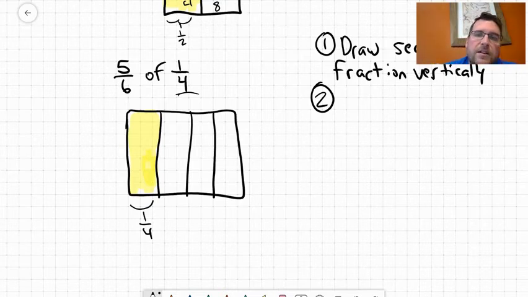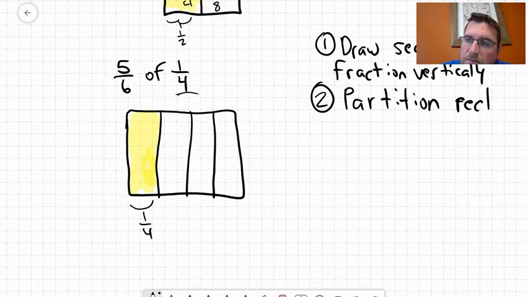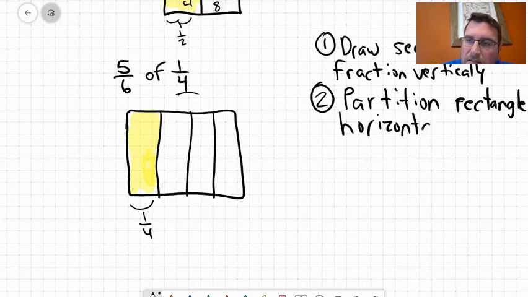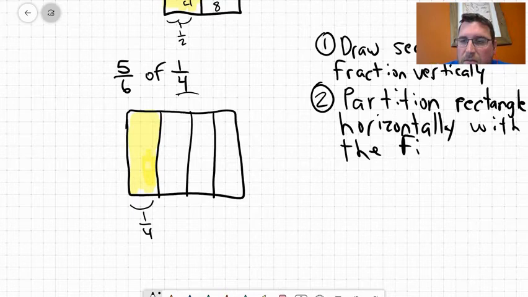Number 2 is going to be partition. That's that word that we've talked about, making equal parts. Partition the rectangle horizontally with the first fraction. Okay?